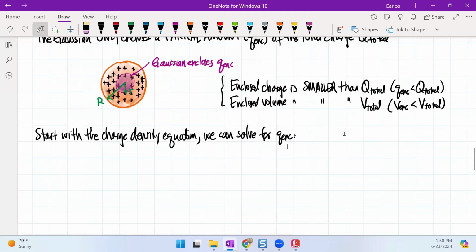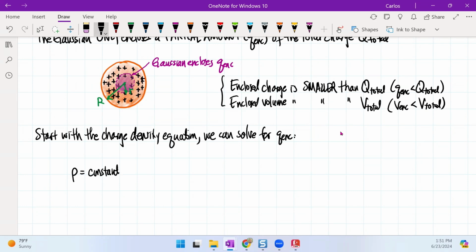I have rho, which tells me I have a constant charge density. And so I get Q total over the volume total, and that has to equal Q enclosed over V enclosed.